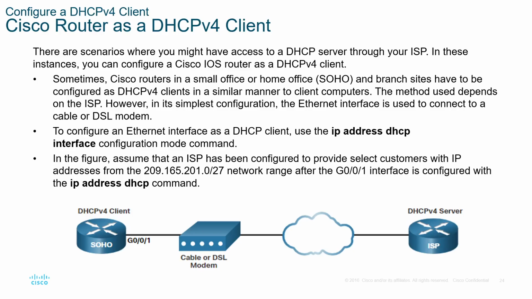If you have ADSL, or whether you have NBN in your house, it's just basically similar to what happens here. Your router is configured to be a DHCPv4 client. It will reach out to the ISP DHCPv4 server in order to obtain a public IPv4 address that will allow us to connect ourselves to the internet.